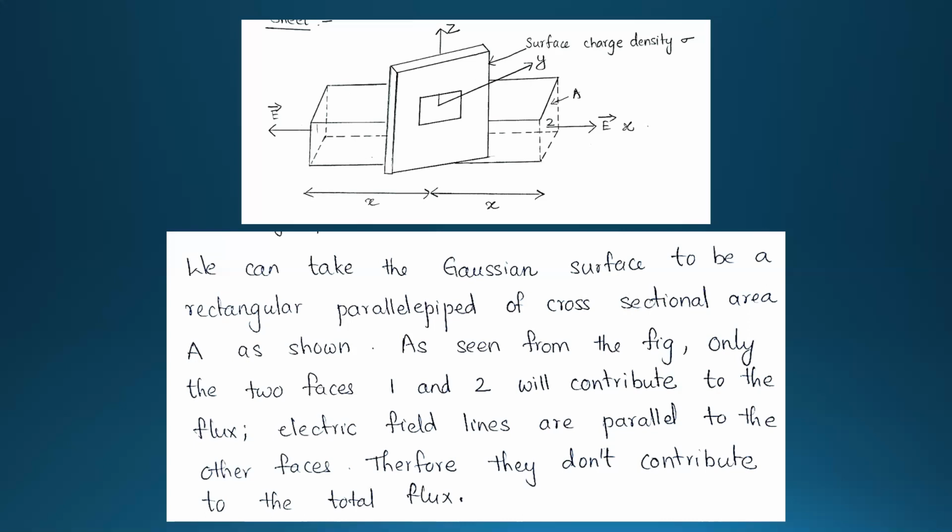We are keeping this sheet exactly in the middle of our Gaussian surface. That means our imagination of a rectangular parallelepiped box, and in the center we are imagining the sheet which is uniformly charged. You can see the electric field is along x-axis.